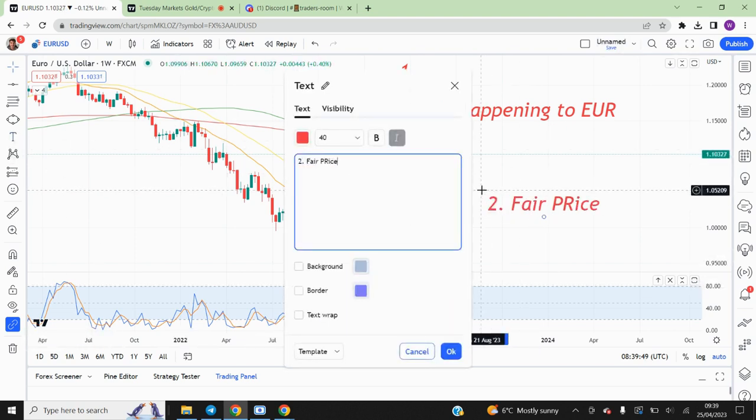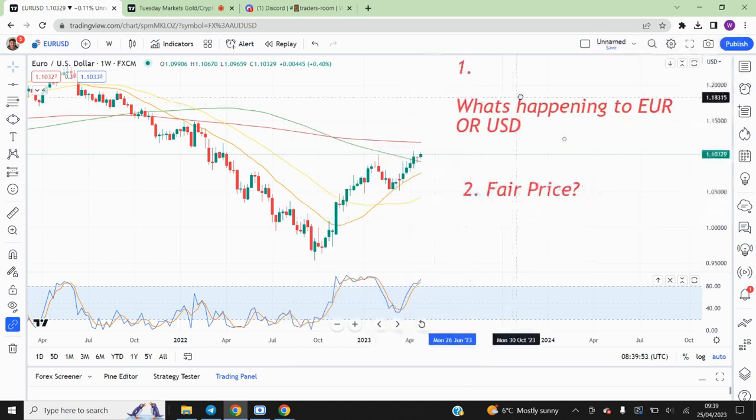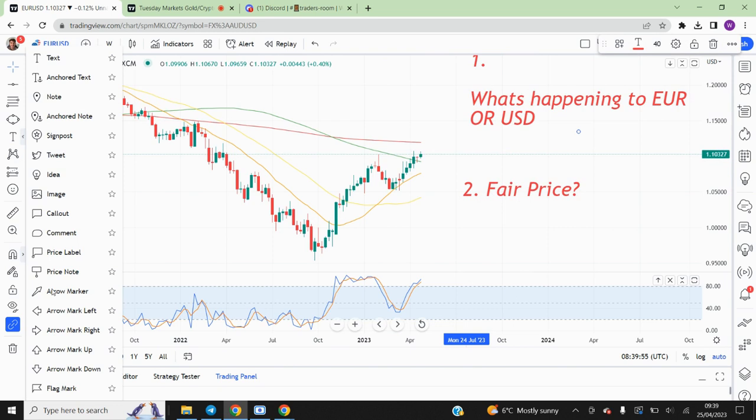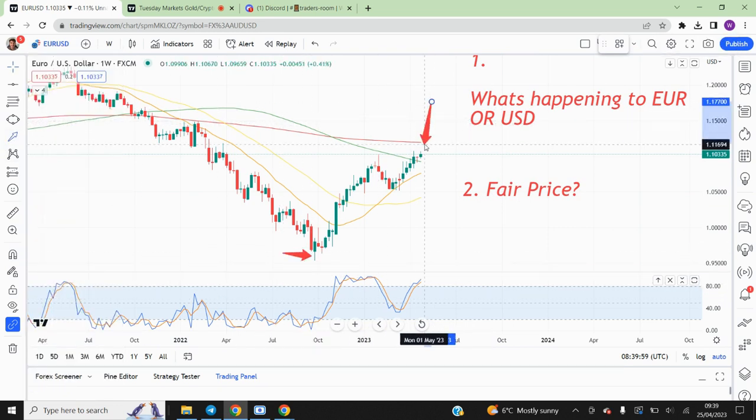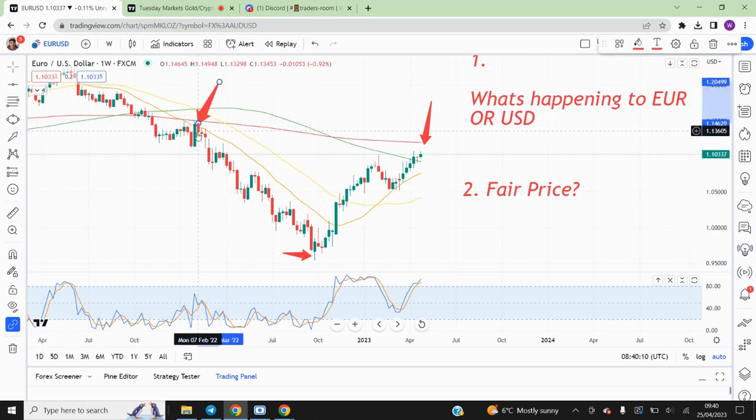Do I have a good price for shorts here? And yes is the answer, because you can tell that from the fact you've come all the way from here and you've got all the way up here almost, and the fact that you're returning to a 200 MA. Anytime you're returning to a 200 MA off an enormous fall, if you look back where you last hit that, okay, that's over a year ago.